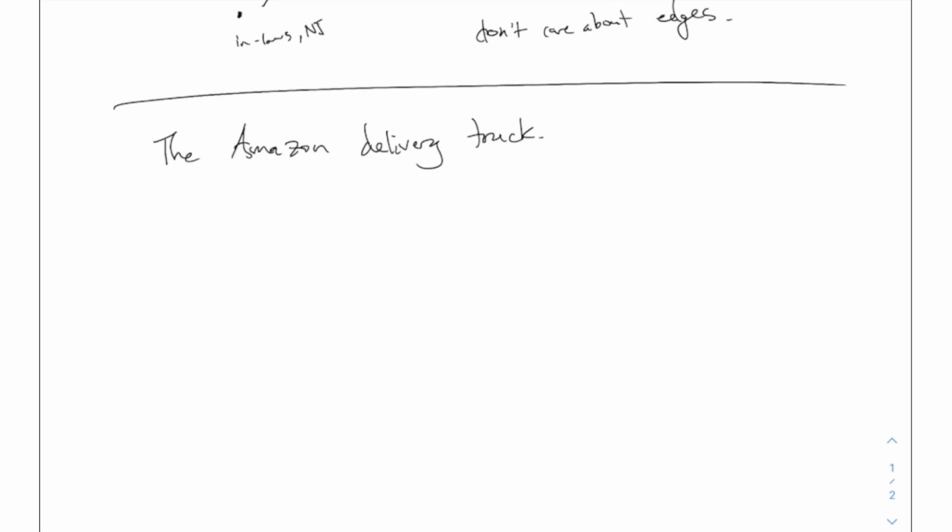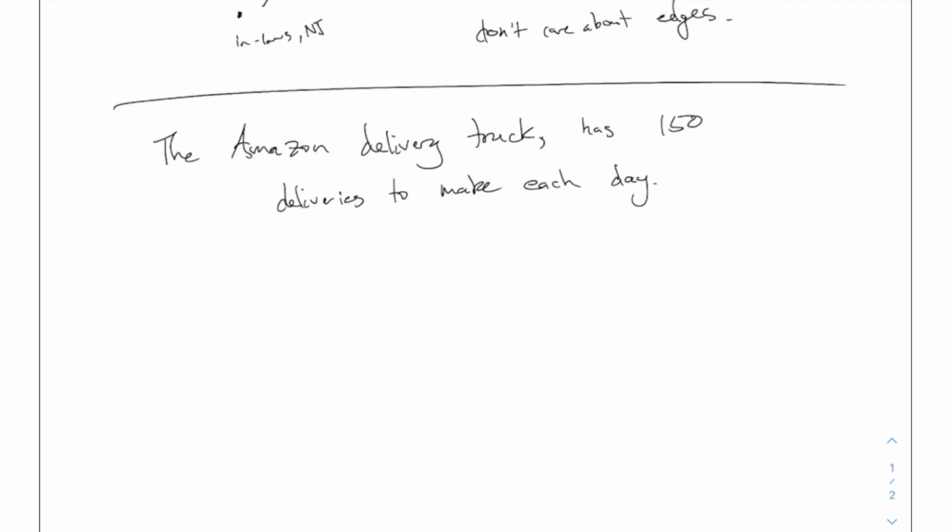I actually looked this up, and apparently Amazon delivery truck drivers typically do 100 to 200 deliveries per day. It depends on whether you live in a city or in the country, but let's say the Amazon delivery truck has 150 deliveries to make each day.